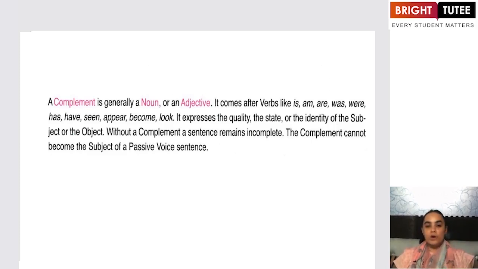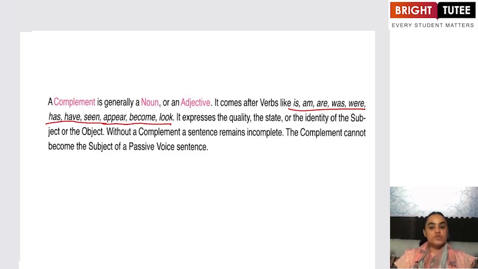And after what verbs am I going to use this? Is, am, are, was, were, has, have, seem, appear, become, look. So that word which is used after the verbs that are stated on your screen in order to express something about the subject without the object, that is a complement.